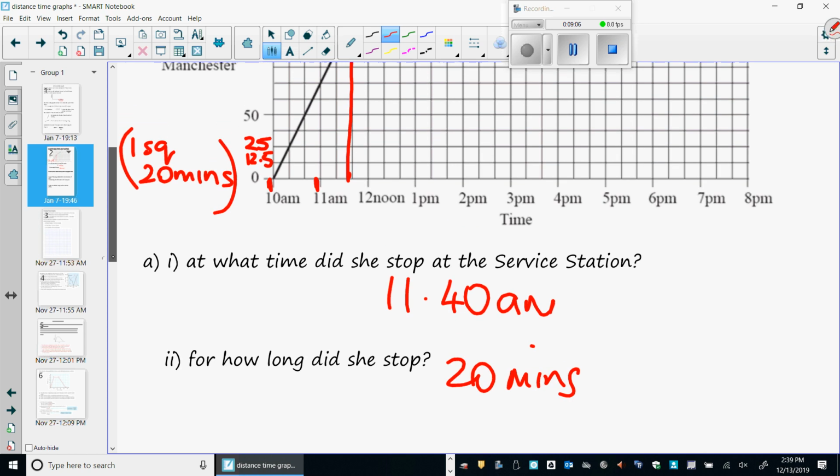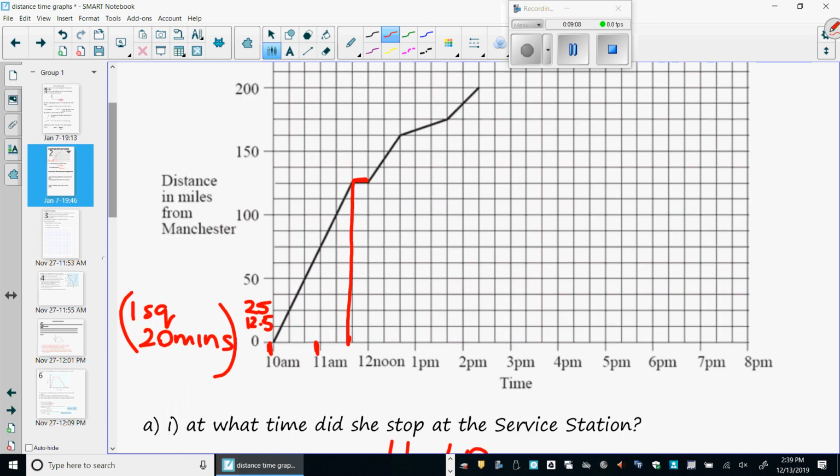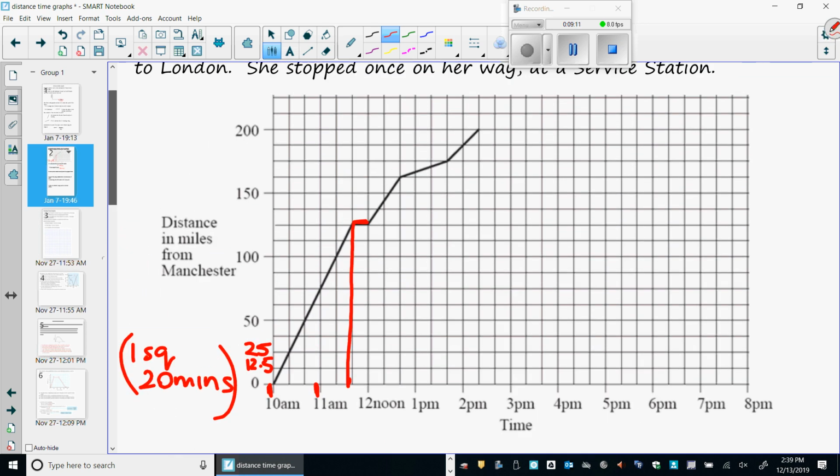So we have to have a look up here and decide which one is where she is going the fastest. Is it this bit? Is it this bit? Is it this bit? Or is it this bit?